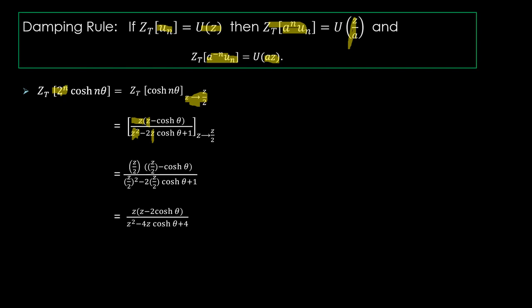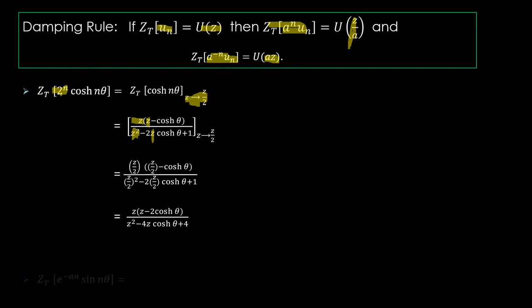Then on simplification, the z transform of 2^n cosh(n theta) is z(z minus 2 cosh theta) divided by z square minus 4z cosh theta plus 4.